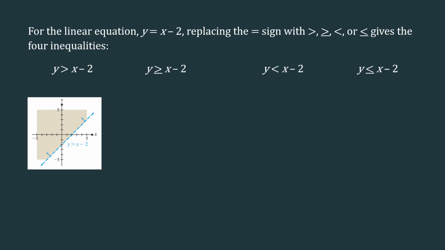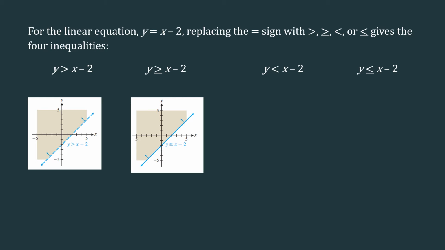And the diagram may look like this. See here in the first case, when it is strictly greater than, the border line is drawn using dotted lines. It is not a continuous line. So if it is not equal, then use dotted lines. If it is equal, then use bold lines for this.